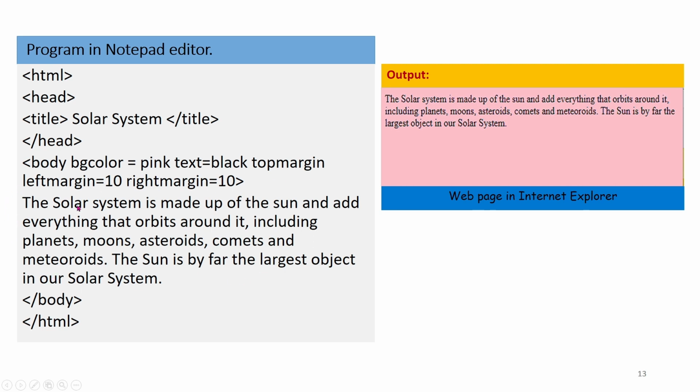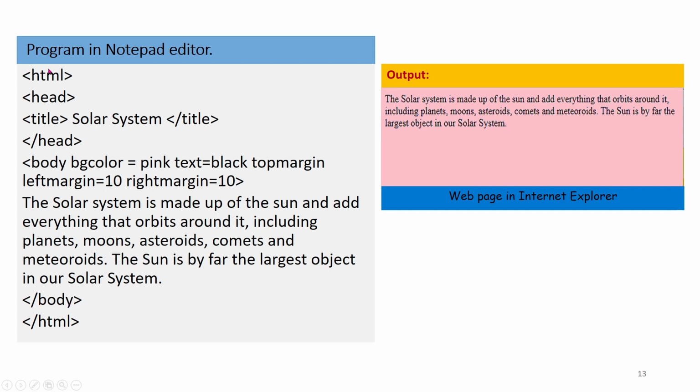And then I have written the text to be written on my web page. The solar system is made up of the sun and everything that orbits around it, including planets, moons, asteroids, comets and meteoroids. The sun is by far the largest object in our solar system. Then I have ended my body tag with slash body.